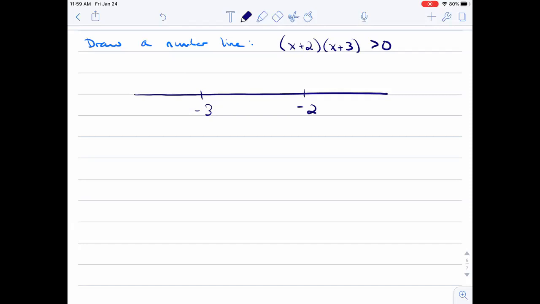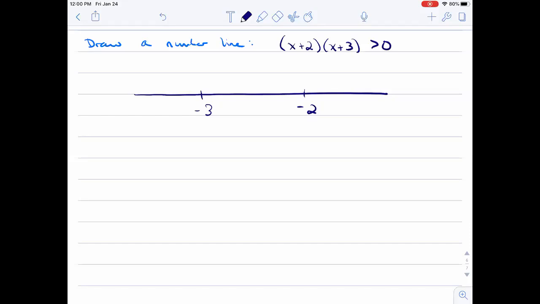We call those test points. Like we saw in that parabola, the function is going to behave the same at any point less than -3, at any point between -3 and -2, and any point beyond -2. So we just need to pick nice, convenient values.